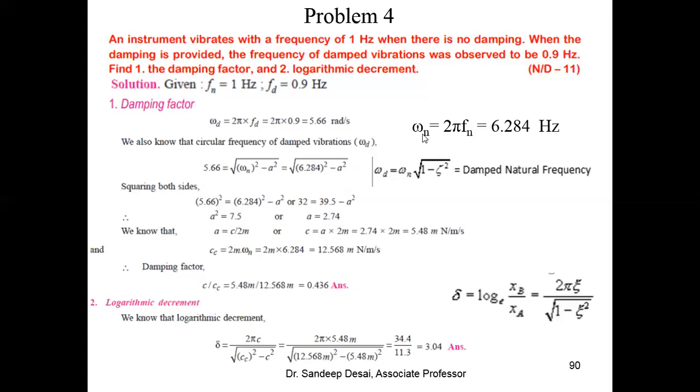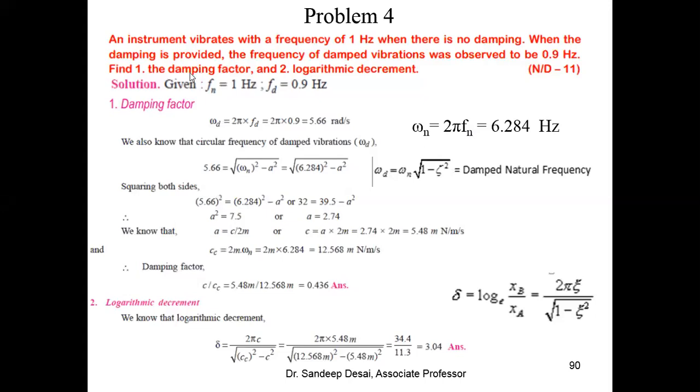In radians per second, omega n is equal to 2 pi into fn. What you need to determine: damping factor or damping ratio zeta, logarithmic decrement delta. So I had told you while we were discussing during our physical classroom sessions, that you need to write down the expression for what all you need to determine.